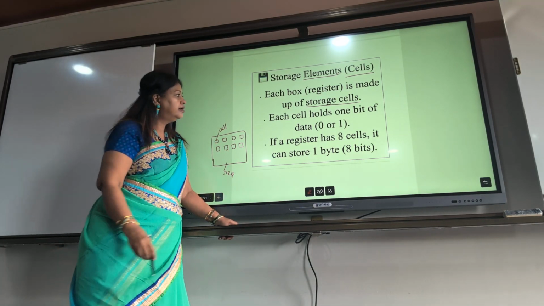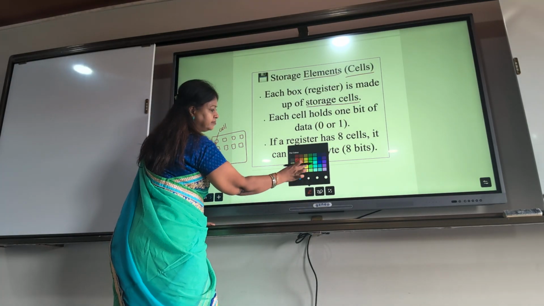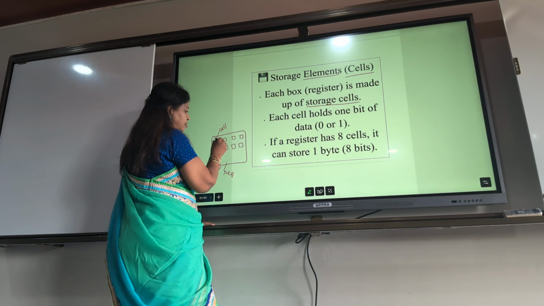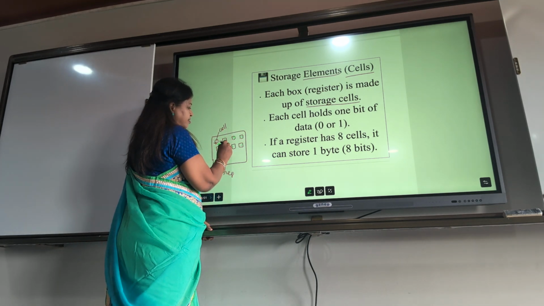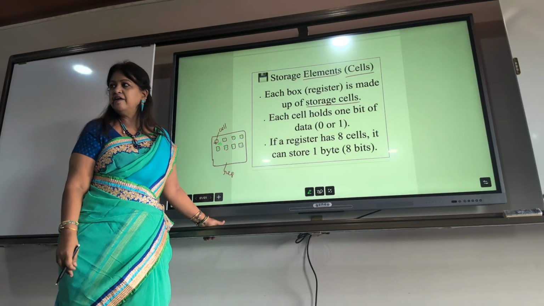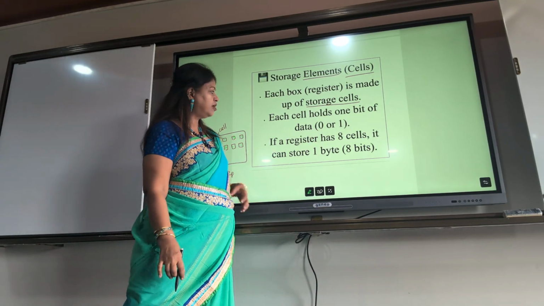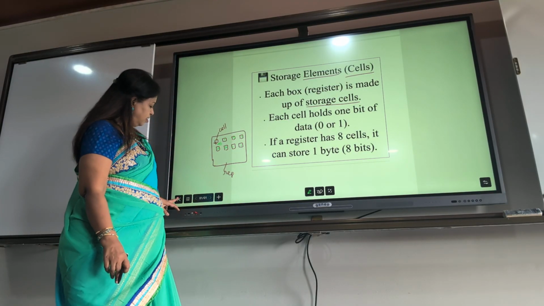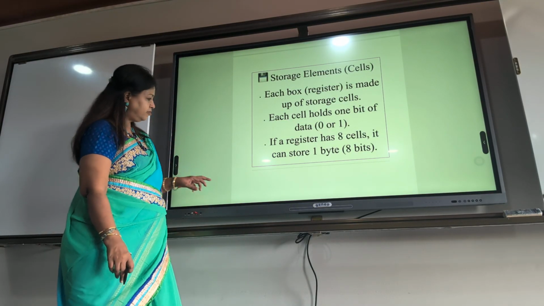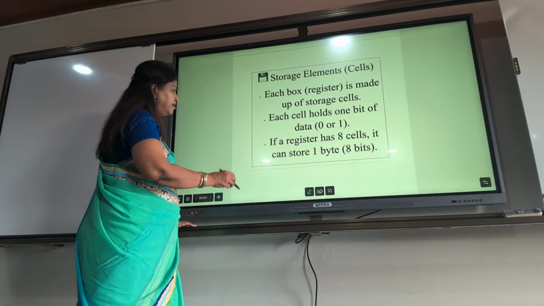In each cell you can carry 0 or 1, like 1, 0, 1, 1, 1, 0, 0. Each cell will carry a bit of information, either 0 or 1. If a register has 8 cells, it can store 1 byte. What is 1 byte? You need to remember all these things when you talk about memory.